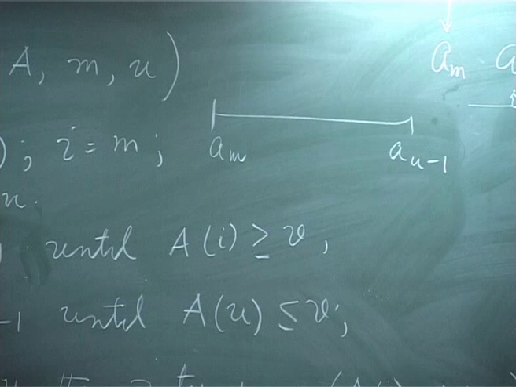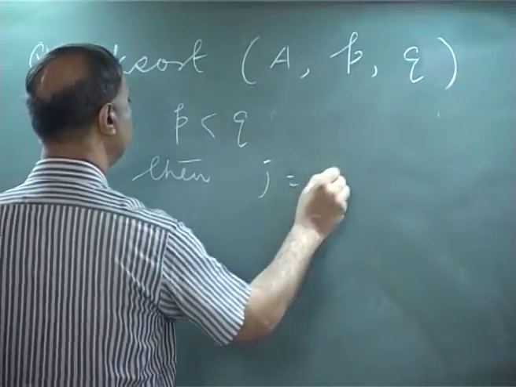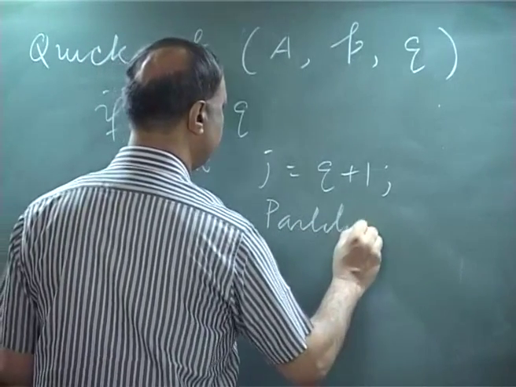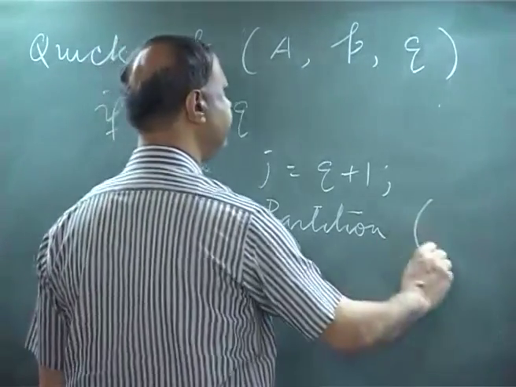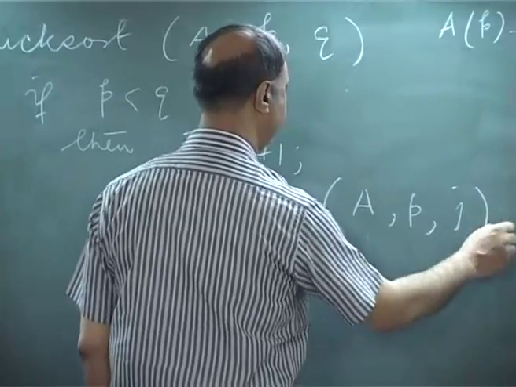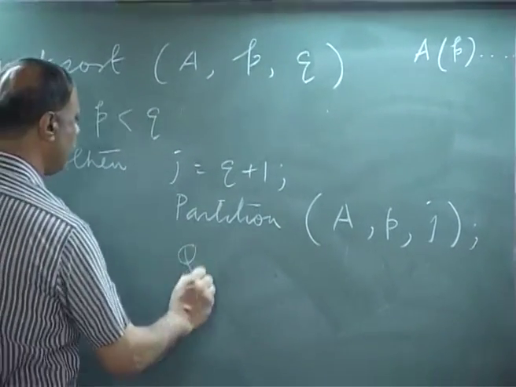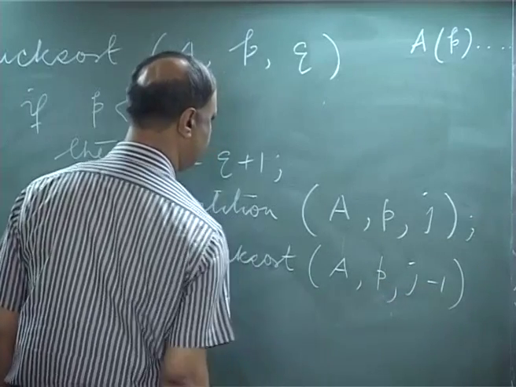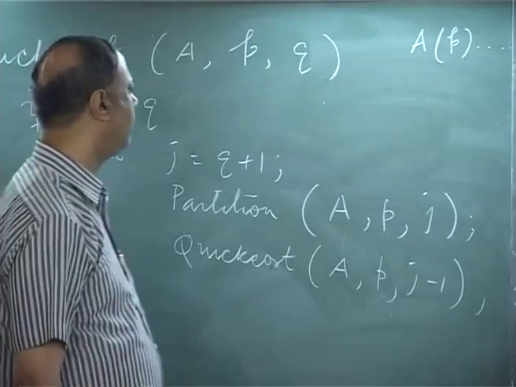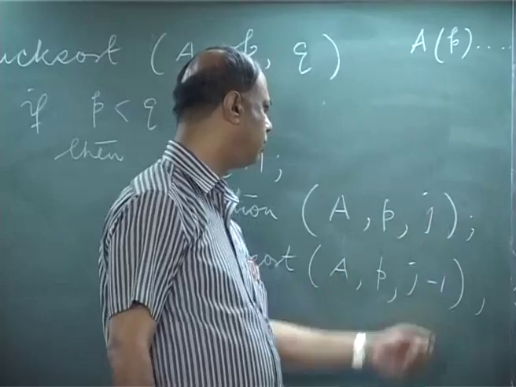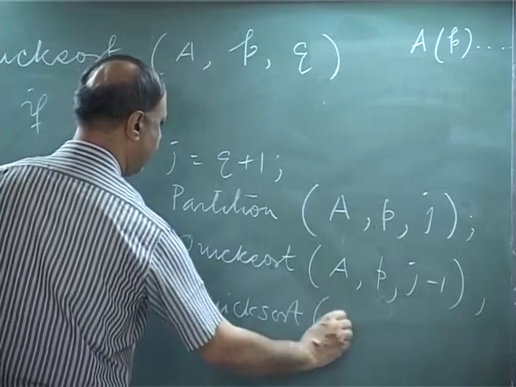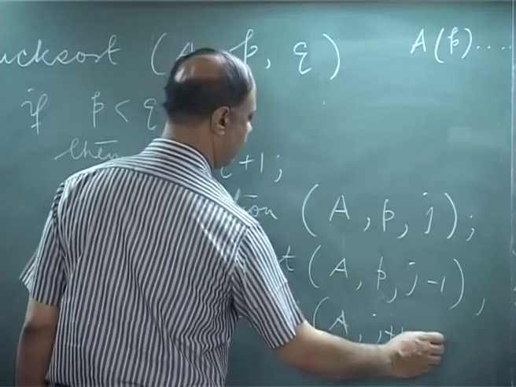If P is less than Q, then J is equal to Q plus 1, and then I call partition A, P, J. Then we call quicksort A, P, J minus 1, because the Pth element got its own position, which is J, and then you call quicksort A, J plus 1, Q.